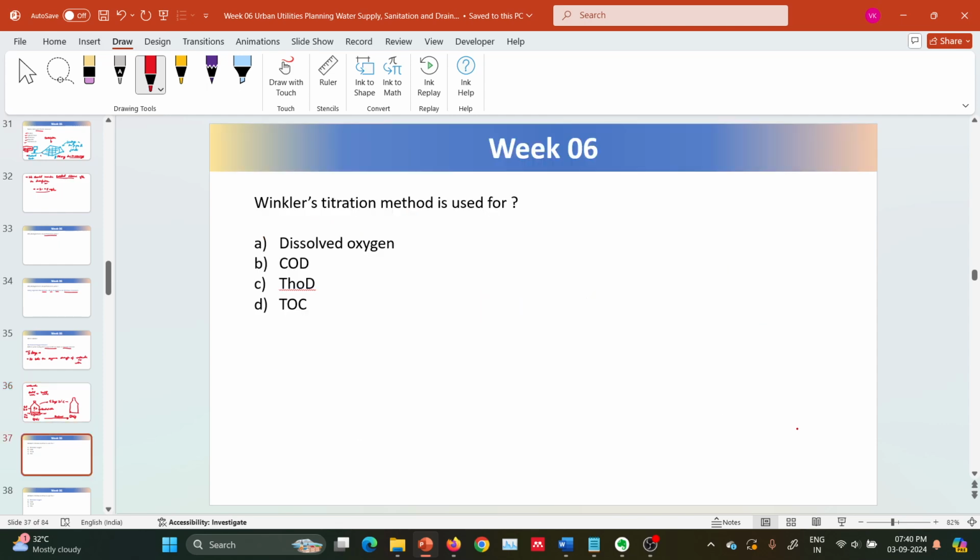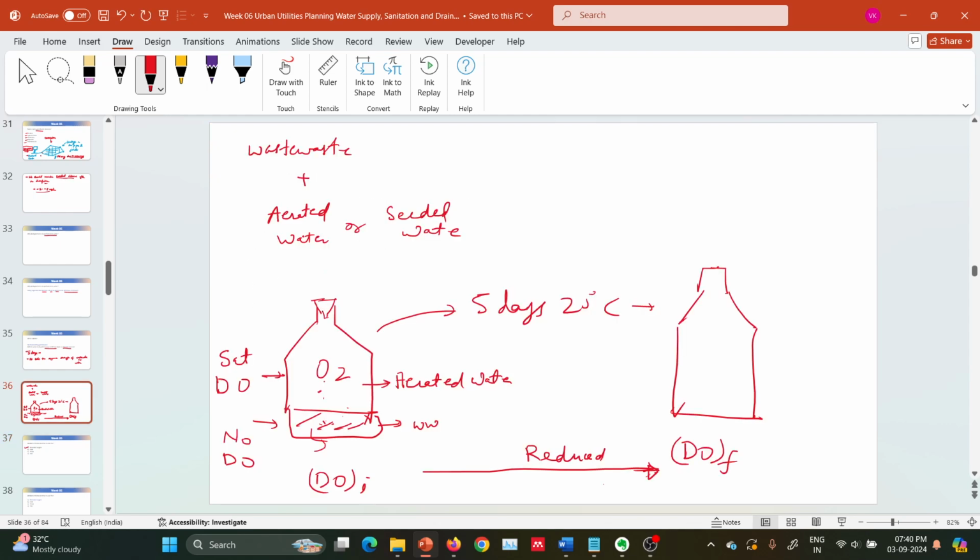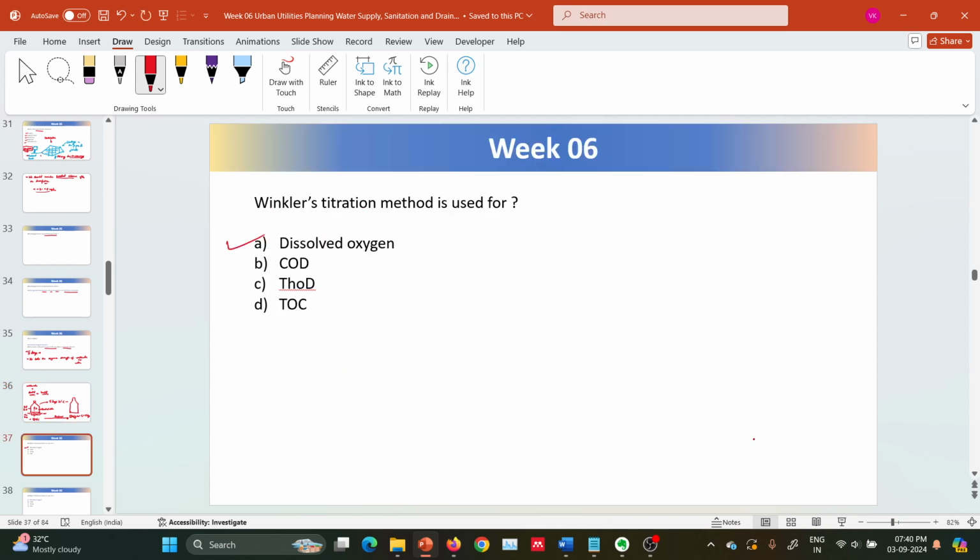Winkler's titration is used for dissolved oxygen. In the BOD test, initially we mix the aerated water with the wastewater and check the dissolved oxygen with the help of Winkler's test at T equals 0, and at T equals 5 days we check the DO final using Winkler's test.